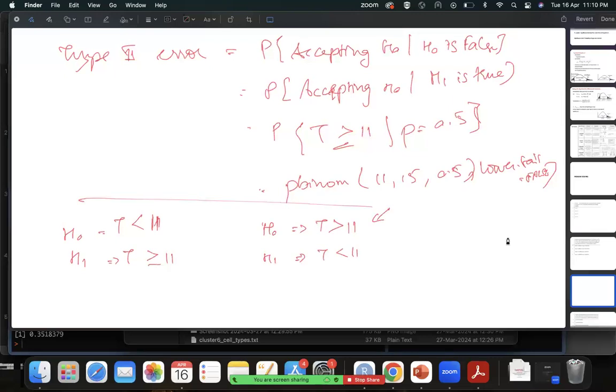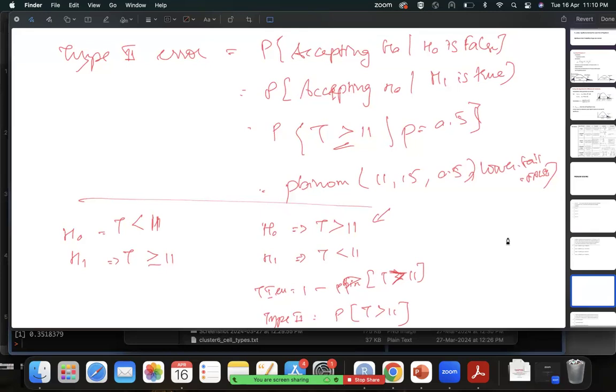In this case, we do type 1 error as 1 minus probability of t greater than 11. I got confused. Type 2, we just had probability of t greater than 11.